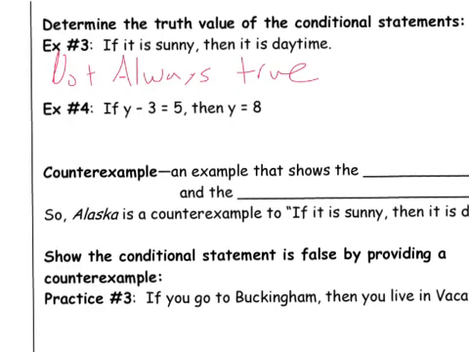And the second one, is this one always true? If y minus 3 equals 5, then is y equal 8? Yeah, that's actually always going to be true. So we could say always true. Oh, and by the way, since this is not always true, we would just say that it is a false statement. Okay.